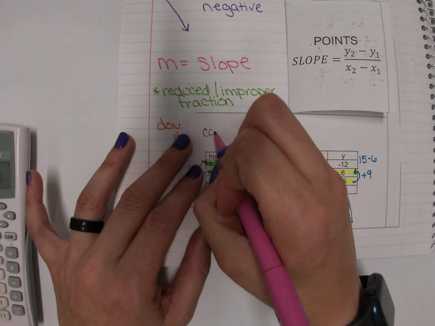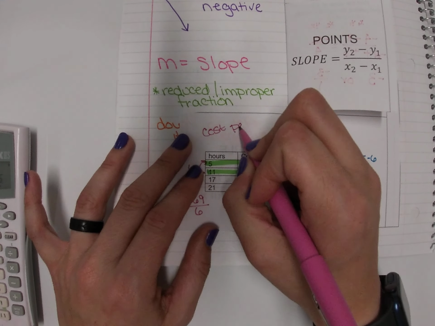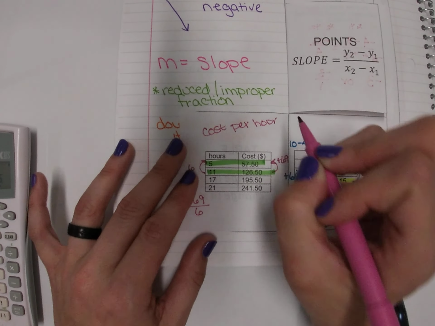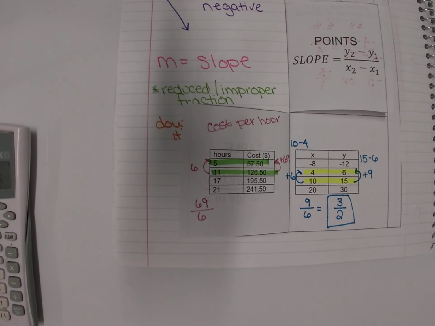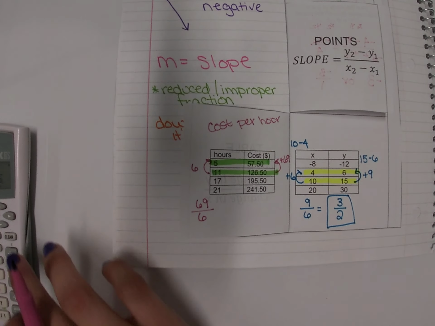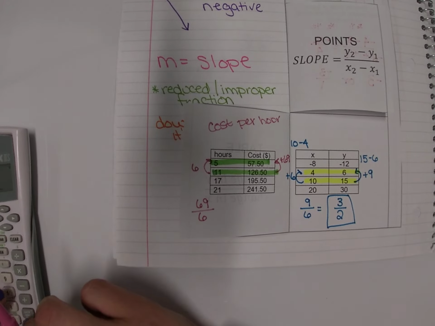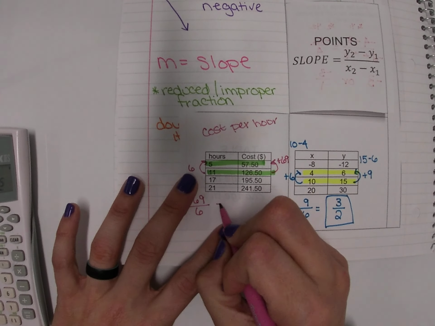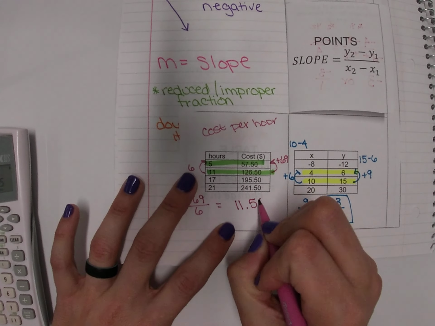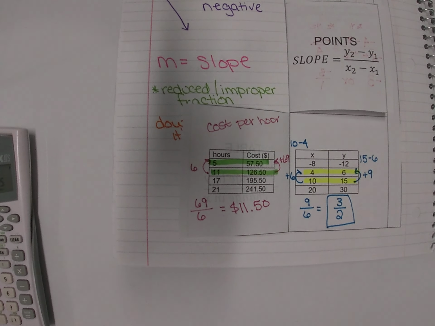So we are really talking about the cost per hour. And if we are talking about money, it does not make sense to have our money in fraction form. So in this situation, we would want to divide this out and be talking about money and say that this is $11.50 per hour.